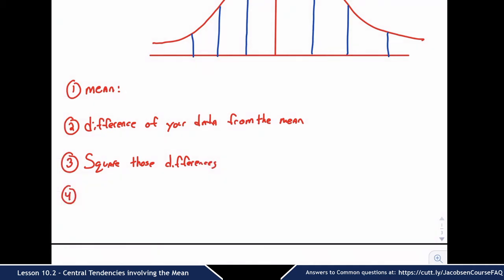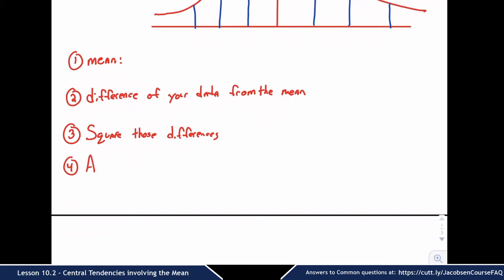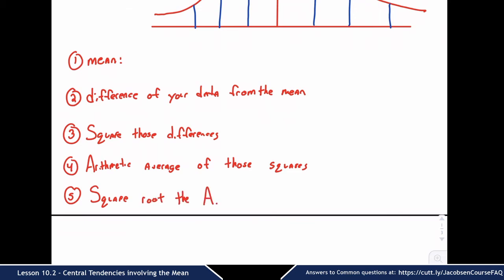Step 4 is you need to find the arithmetic average of those squares. And then the last step is to take the square root. Square root the arithmetic average.